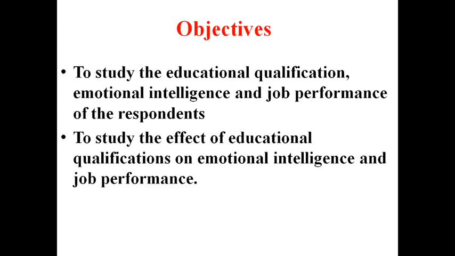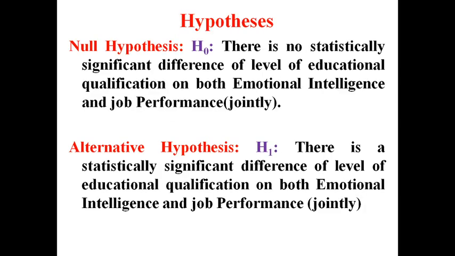Now these are our two objectives. From our topic we have designed two objectives. First one is to study the educational qualification, emotional intelligence and job performance of the respondents. Second, to study the effect of educational qualifications on emotional intelligence and job performance. So these are our objectives. On the basis of our objectives, we have formulated our hypotheses.